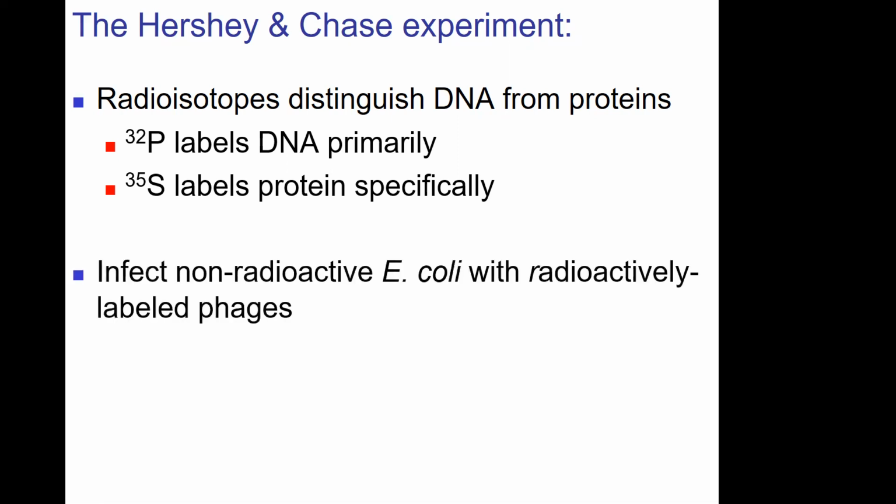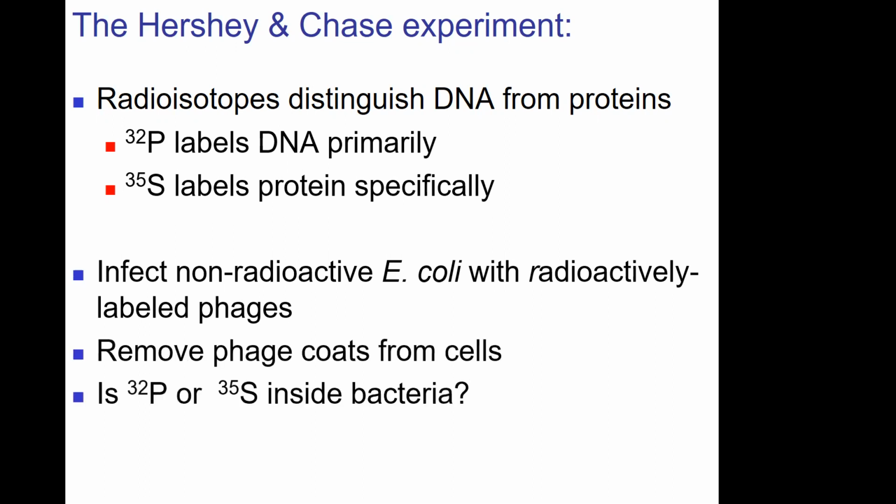So then they would have to grow the E. coli in those radioisotopes and then infect them with bacteriophage. The bacteriophage make new offspring, which are going to be radioactive. Then they take those radioactive bacteriophages and they infect fresh cells. So the only radioisotope came from the virus, right?